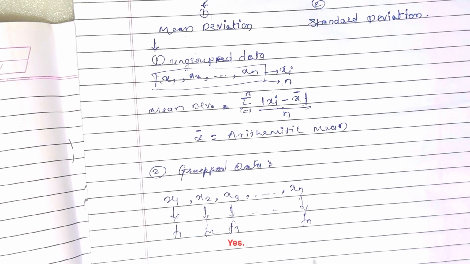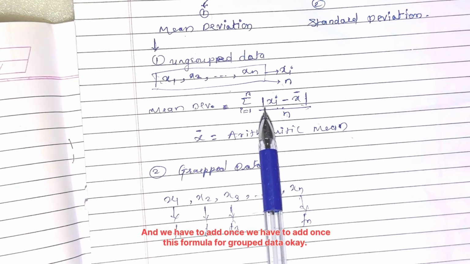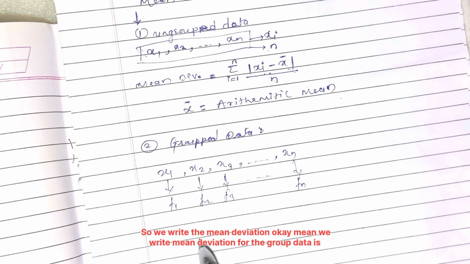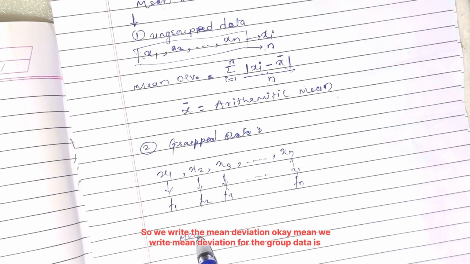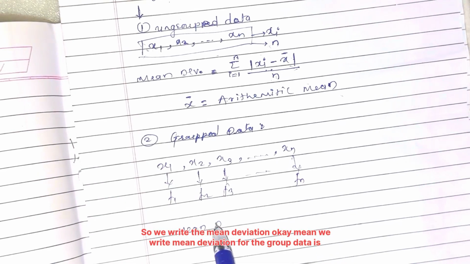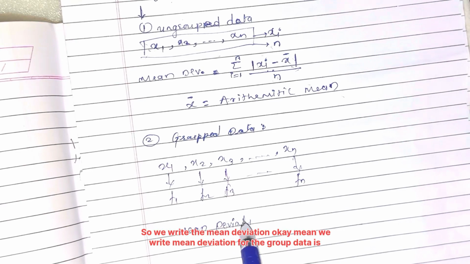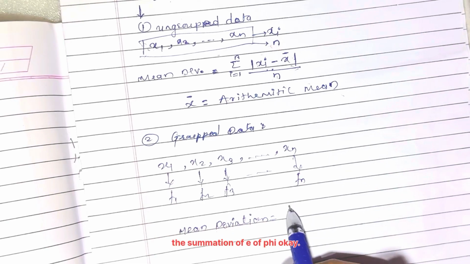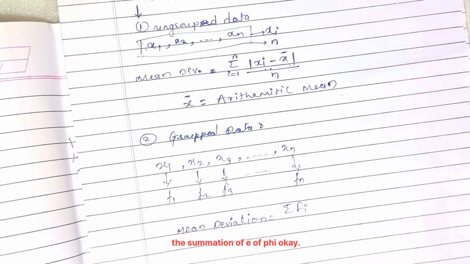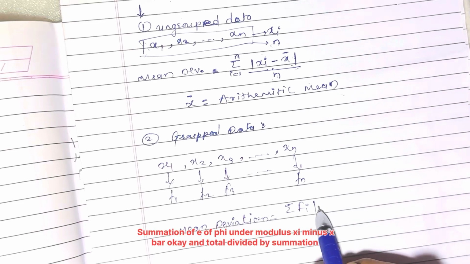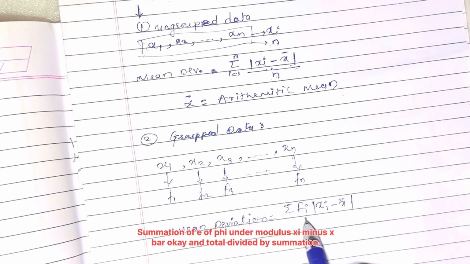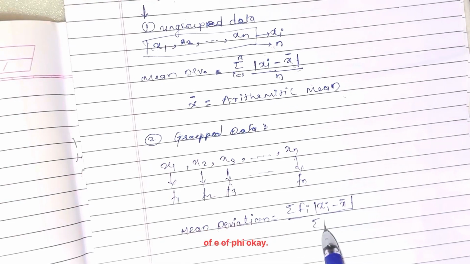We have to extend this formula for grouped data. So we write the mean deviation for grouped data as the summation of fi times the modulus of xi minus x bar, total divided by the summation of fi.